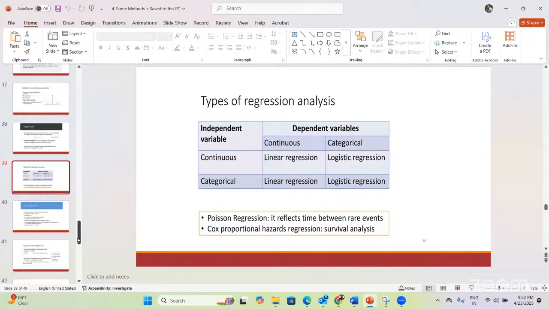And for continuous cases, it will be linear regression. Continuous means our outcome will not be categorized into 0 and 1, yes and no. That kind of situation happens only in logistic regression. Whenever your outcome variable is continuous, you cannot use logistic regression. You have to use linear regression. Next.